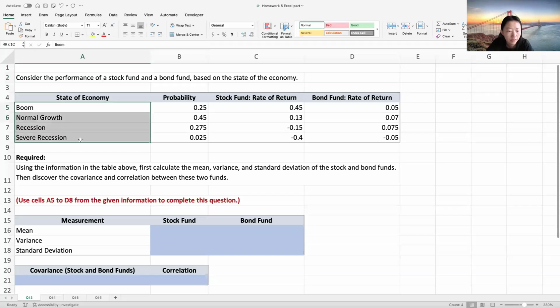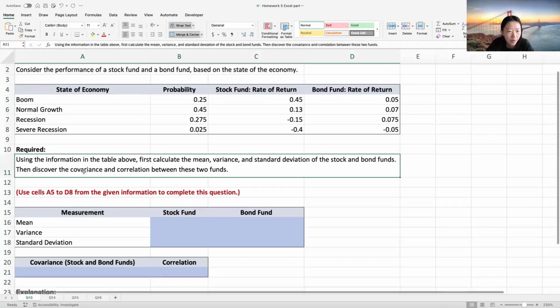We have scenarios here: boom, normal growth, recession, severe recession. The probabilities, stock fund returns and bond fund returns are listed here. What is required using the information above? First, calculate the mean, variance and standard deviation of the stock and bond funds, then discover the covariance and correlation between these two funds.